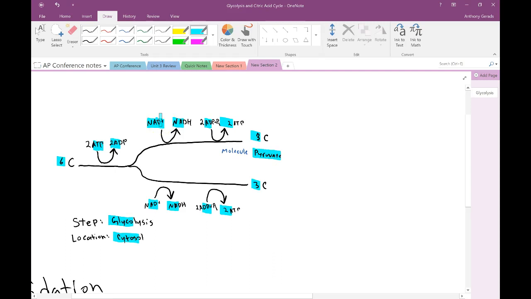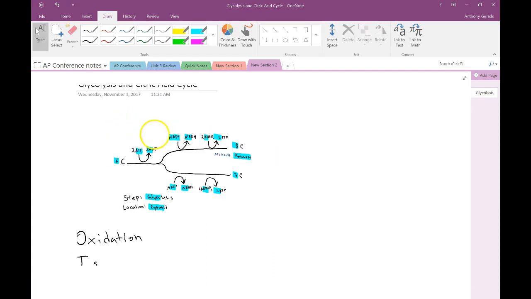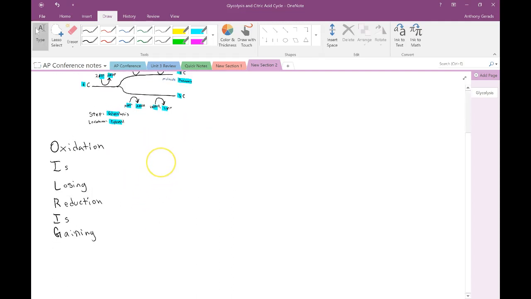So if NADH gained an electron, was NADH reduced or oxidized? If NADH gained one, it was reduced. That means glucose lost one, so glucose was oxidized. If something loses an electron like glucose did, it's oxidized. That means something else has to gain one, which means something else is reduced. All right? So keep that in mind.